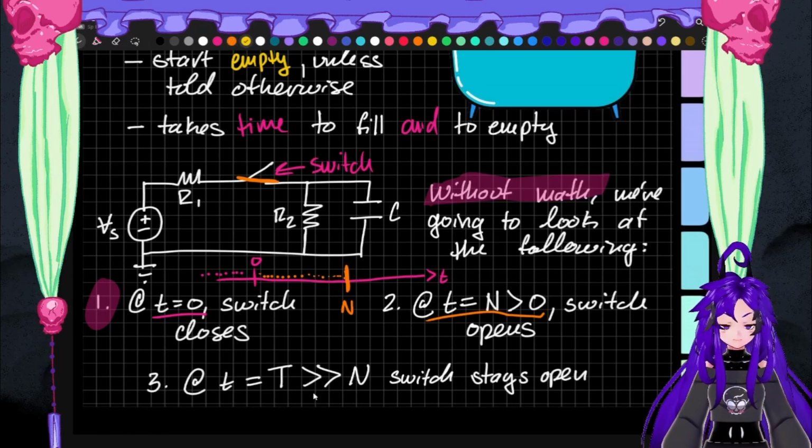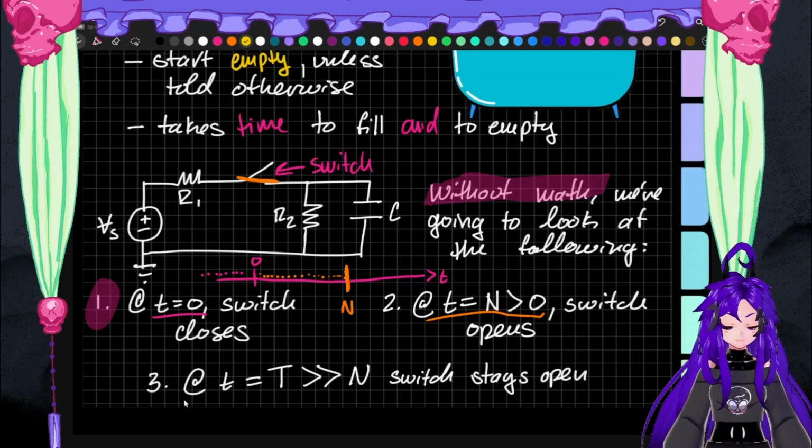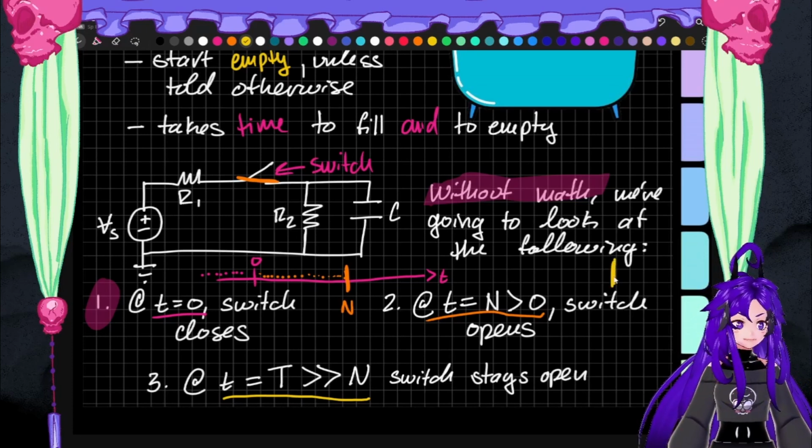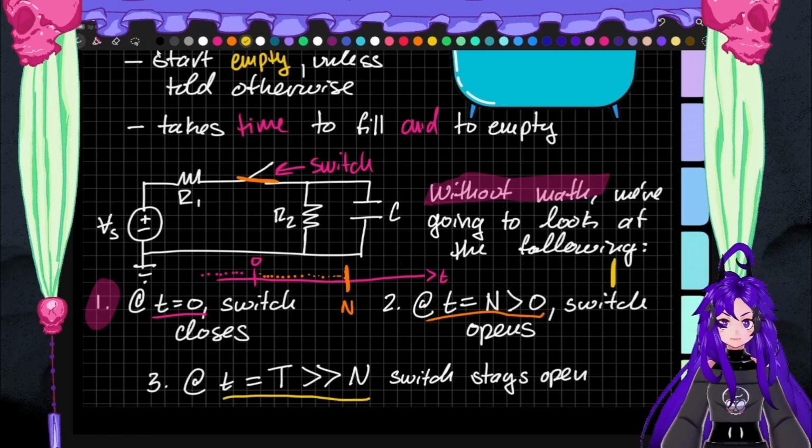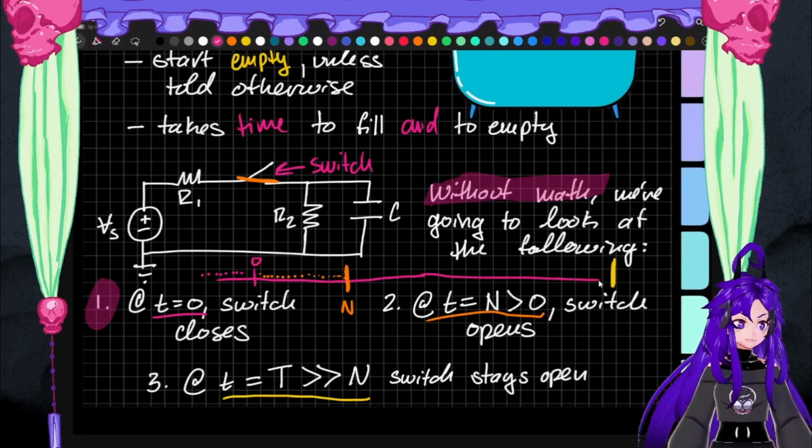And from then on, we're going to look at t equals some time very much greater than n. So we're looking at an order of magnitude or something bigger than n, a number line way over this way.